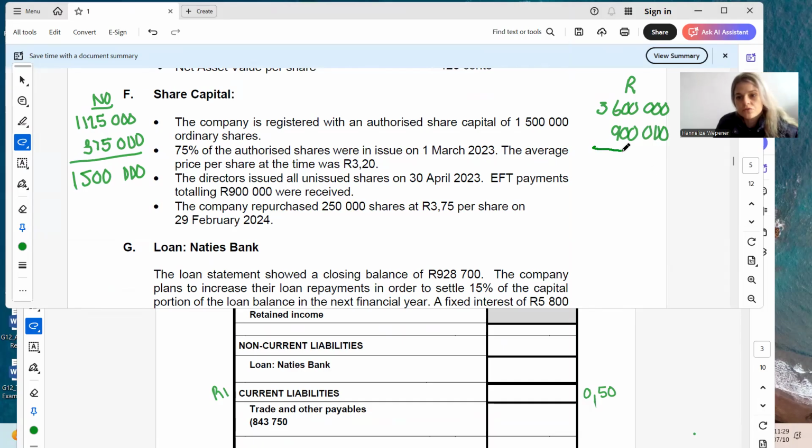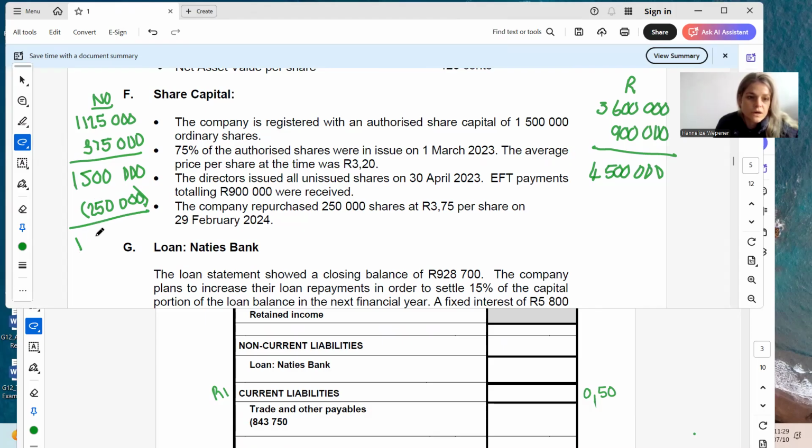And then the total ordinary share capital that we had was 4.5 million. Then it says that the company repurchased 250,000 shares. So no longer 1.5 million shares in issue, because we now decided to buy back some of the shares.